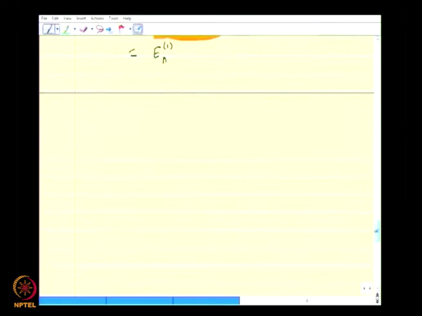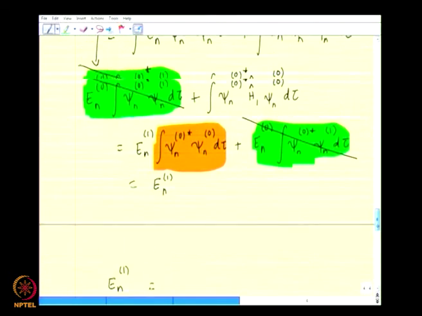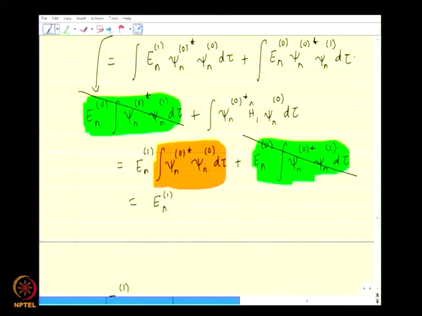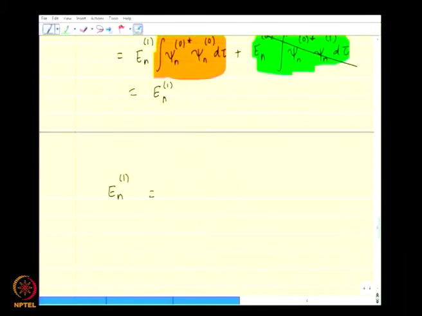Look at it carefully, the first order correction En1 therefore is whatever is left, which is integral psi n0 star H1 psi n0 d tau.